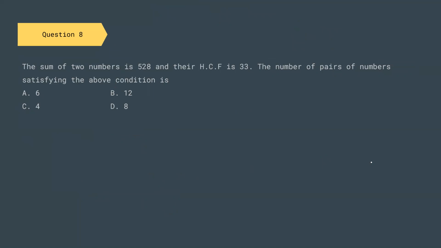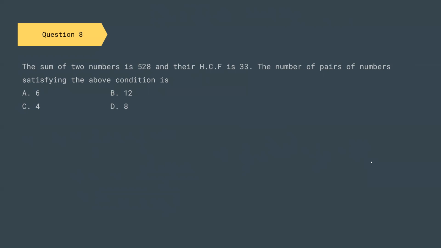Read the question first properly. The sum of two numbers is 528 and their HCF is 33.